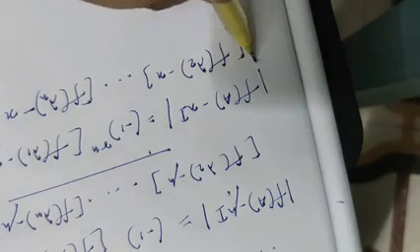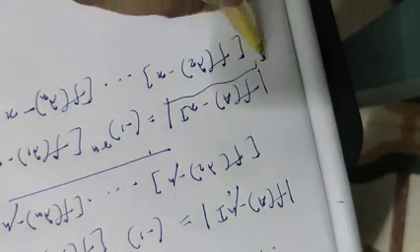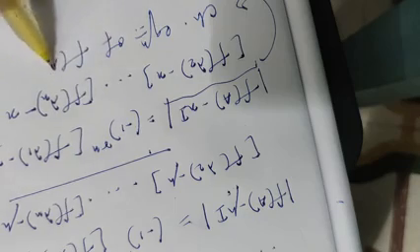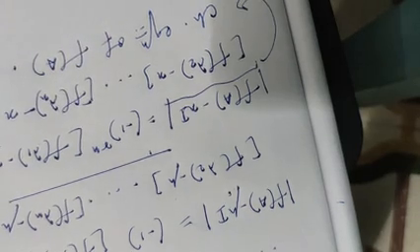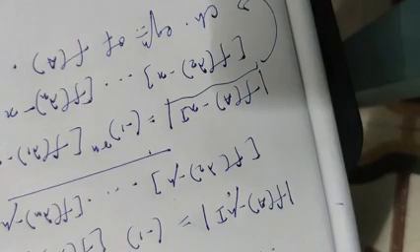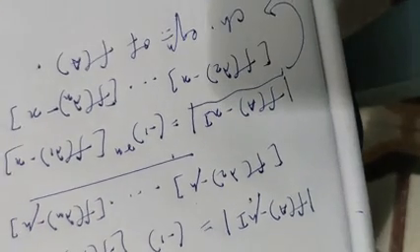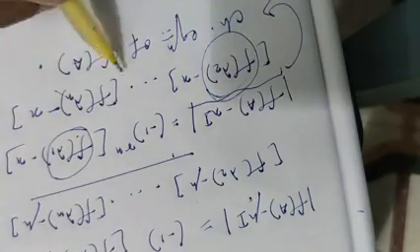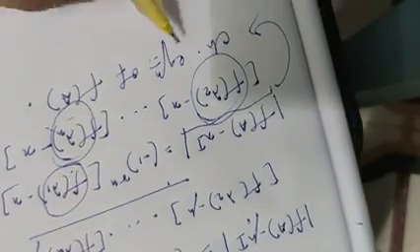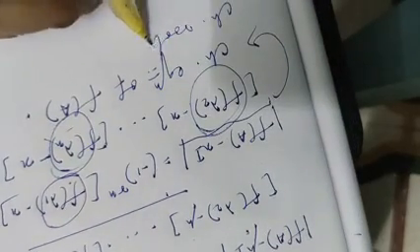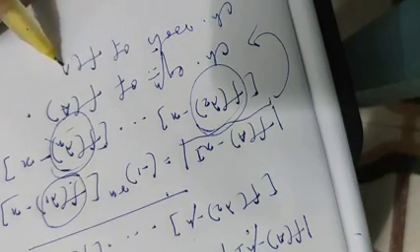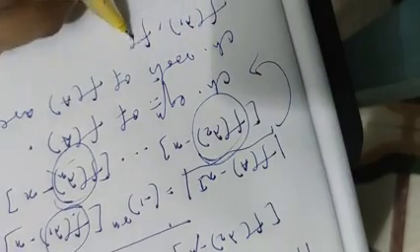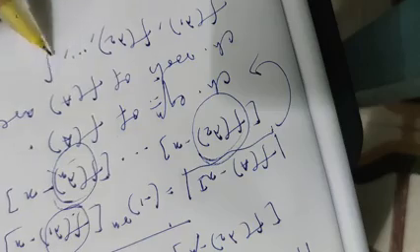That means from the left hand side, this is the characteristic equation of f A, because the determinant of f A minus x I is the characteristic equation of f A, and for the right hand side from this factor we can say that this is a root, this is a root, up to this is a root. That means all the characteristic roots of f A are f of lambda 1, f of lambda 2, up to f of lambda n.